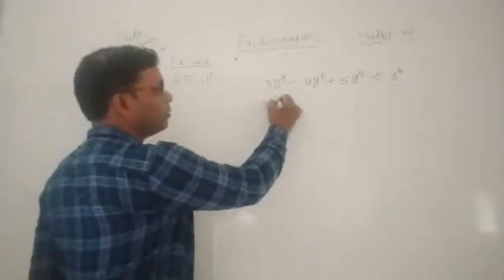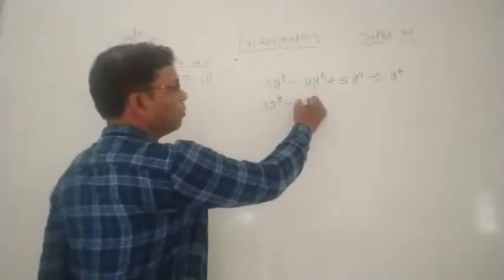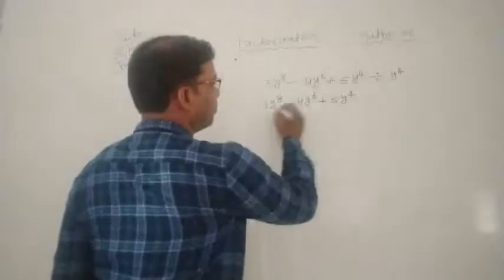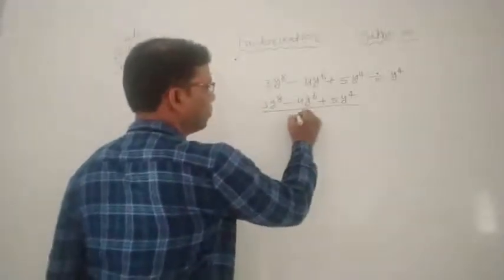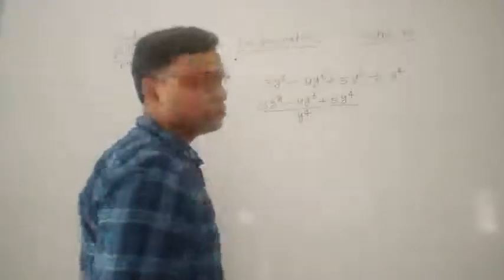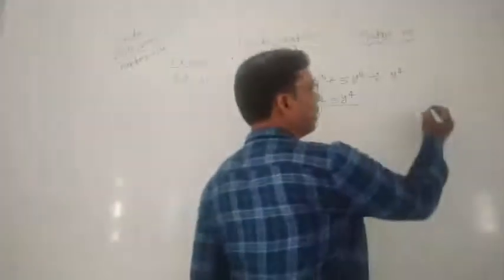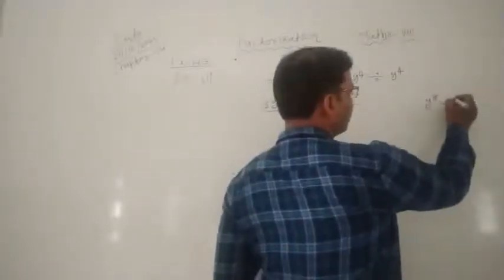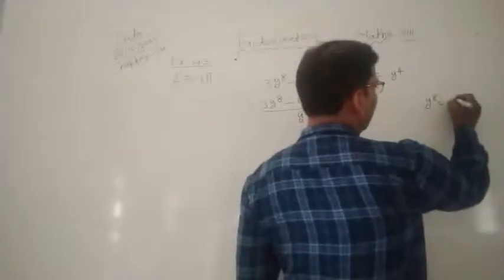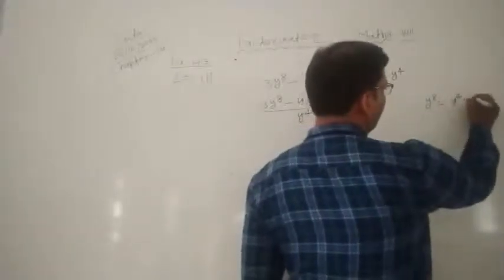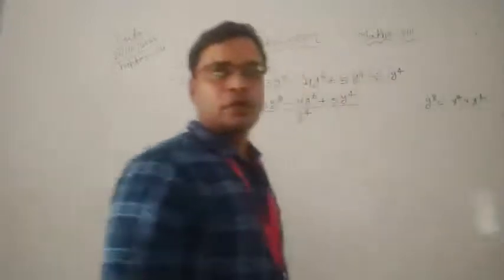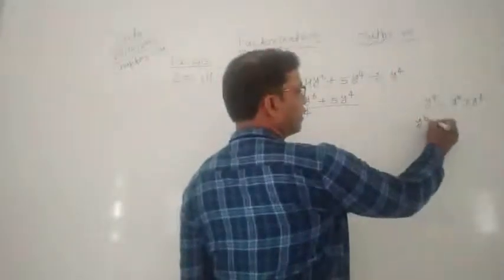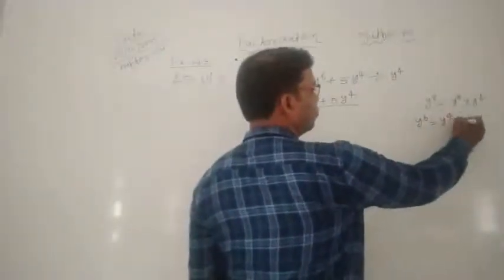3y to the power 8 minus 4y to the power 6 plus 5y to the power 4 divided by y to the power 4. So you can write y to the power 8 as y to the power 4 into y to the power 4, and y to the power 6 you can write as y to the power 4 into y to the power 2.